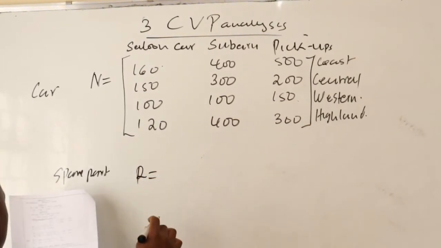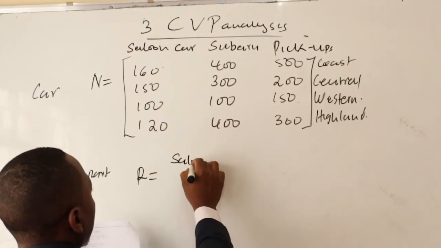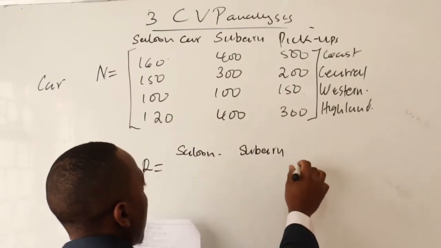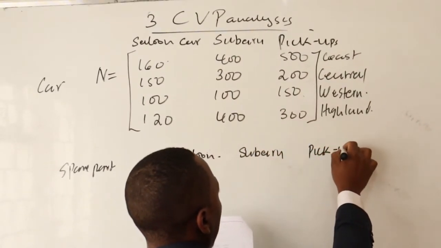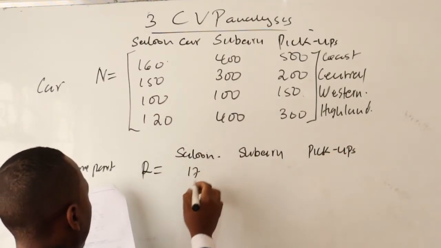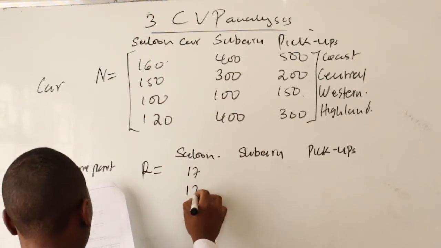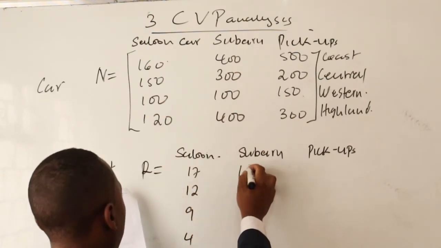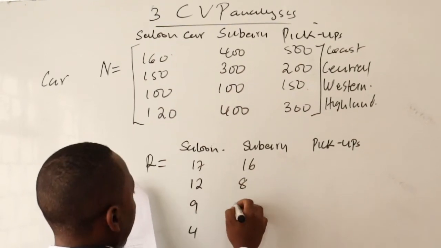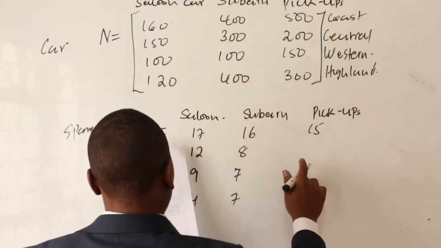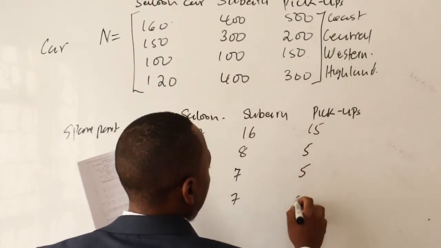At matrix R, you are given, we have saloon car, we have Subaru, and we have pickups. So here you have 17, 12, 9, 4, 16, 8, 7, 7, 15, 5, 5, 6.